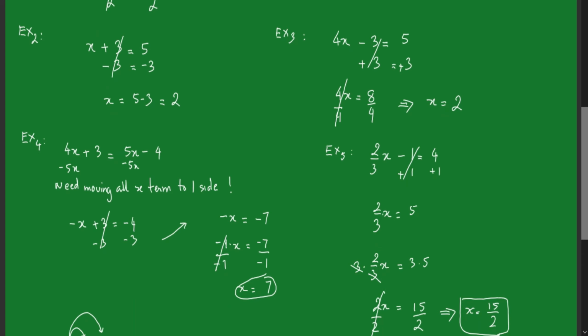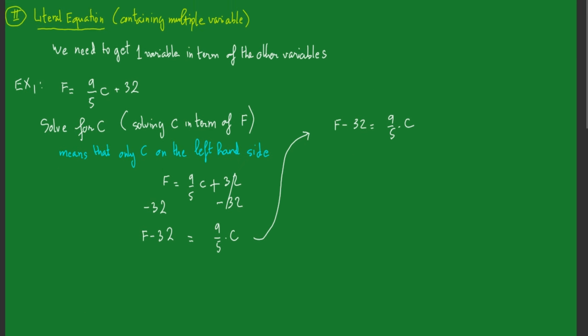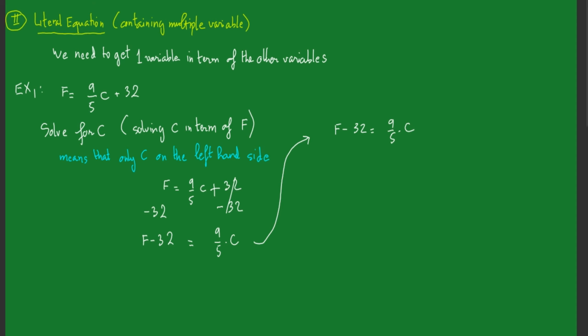If you have the fraction, you're gonna get rid of the denominator first by multiplying both sides by the denominator. Okay, so I'm gonna multiply both sides by the denominator over here, which is 5. When you multiply right here, you make sure that you put parentheses, because you multiply the whole thing by 5, not just f.